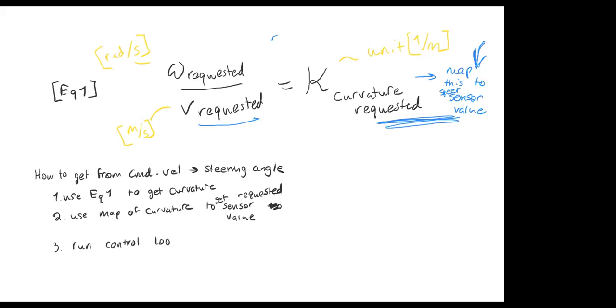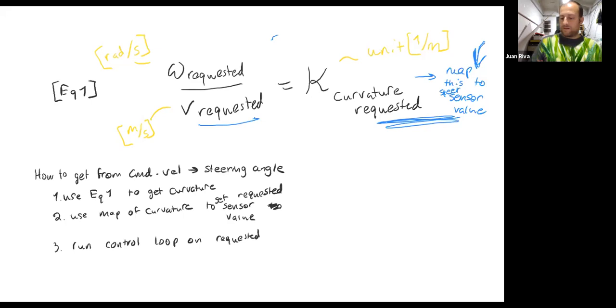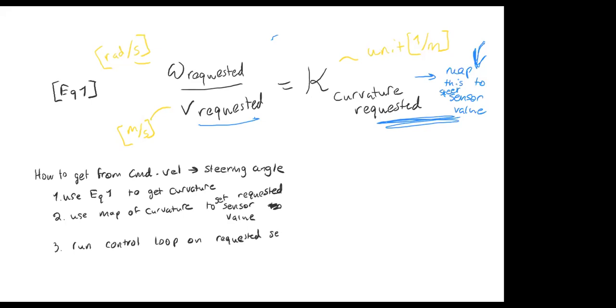So curvature should be independent of speed, and curvature is essentially equivalent to steering angle, except we don't have to do the funky operation of figuring out the wheelbase and all that stuff as a midway step.